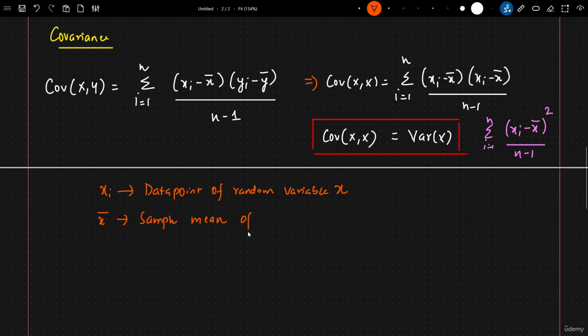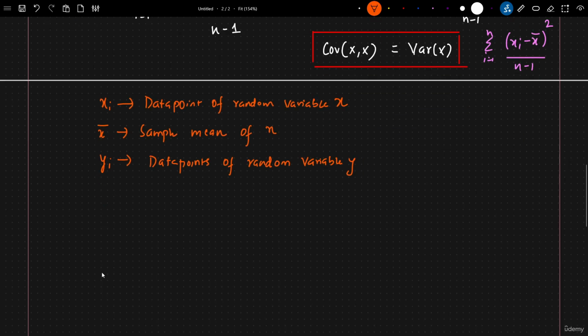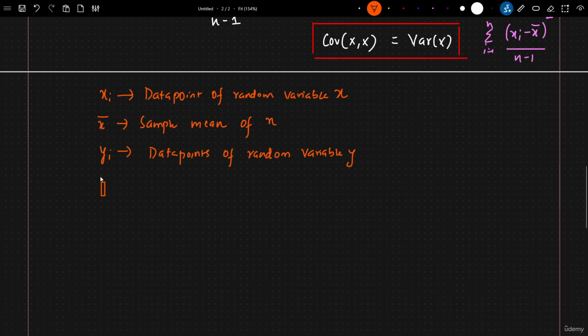I hope this is really simple for you all to understand. y of i, what is it? Data points of a random variable y. Now if I go to the next one, it is nothing but y bar. y bar is nothing but sample mean of y.